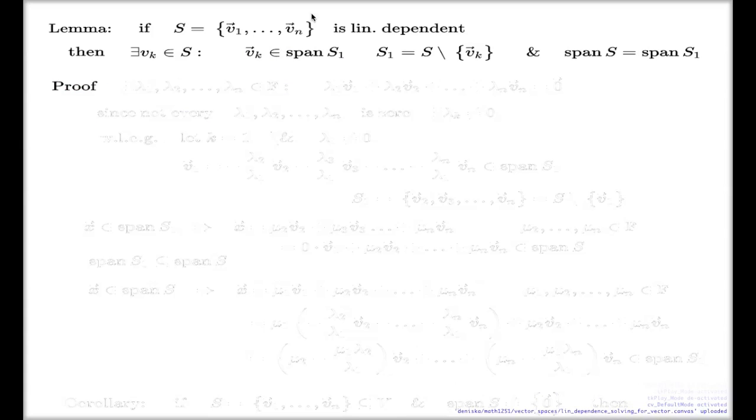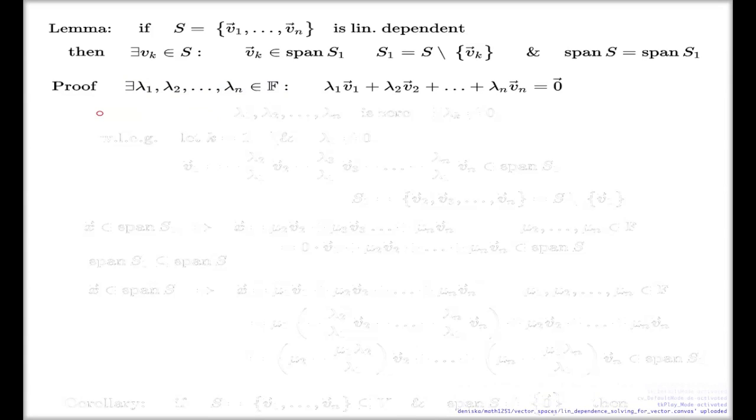So because we assume that my set of vectors is linearly dependent, I know that we have scalars, here they are, from my field of scalars, lambda 1, lambda 2, lambda n, such that if I take a linear combination of my vectors, that will be 0. I'm just interpreting here the definition of linear dependence.